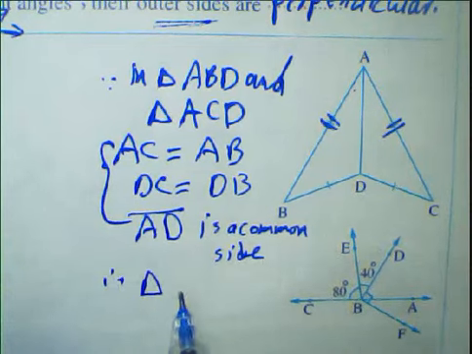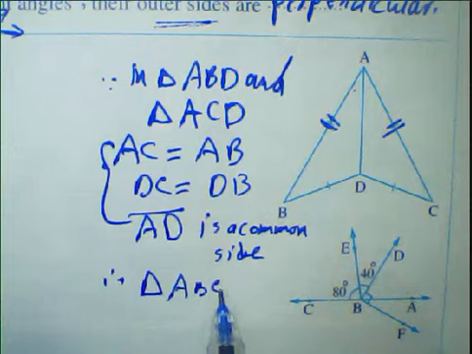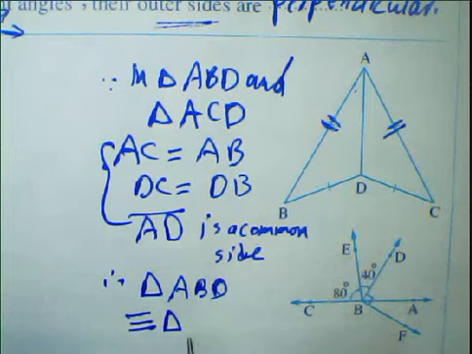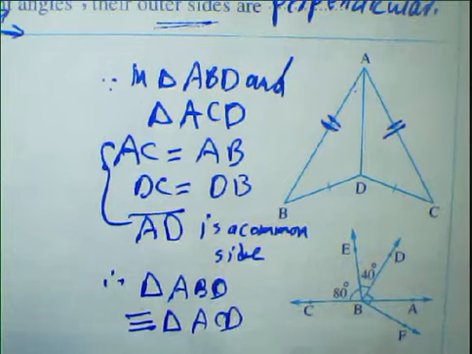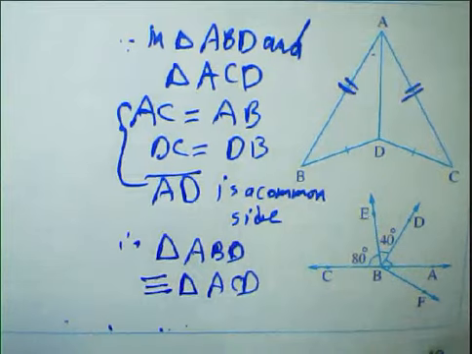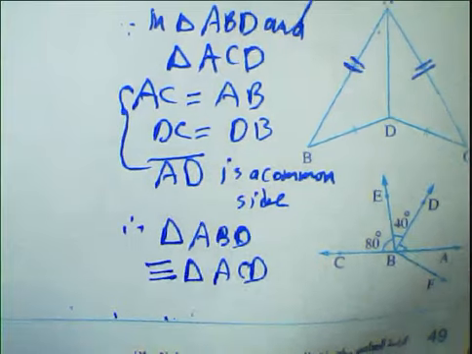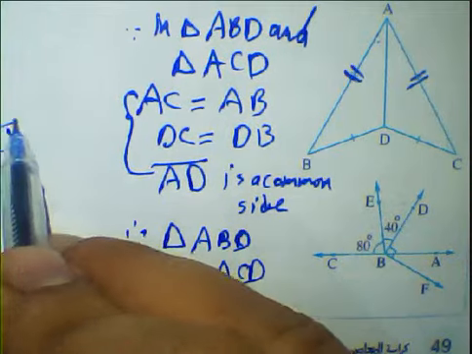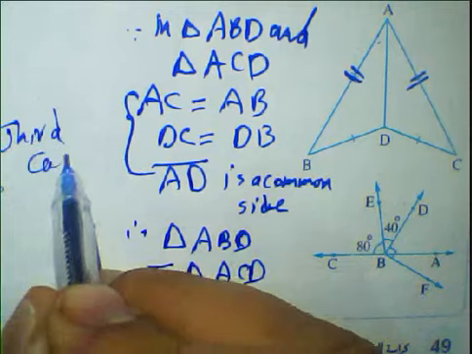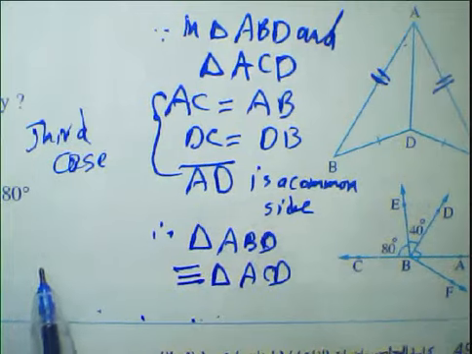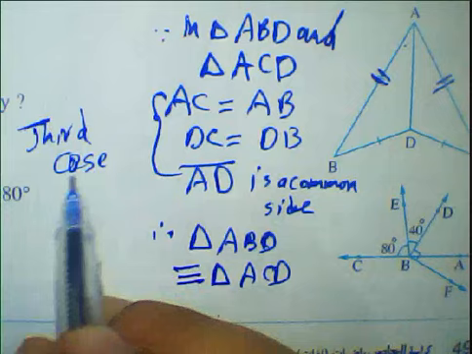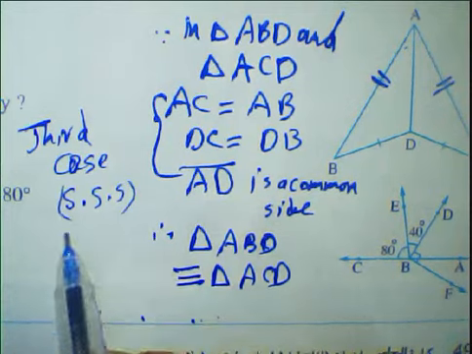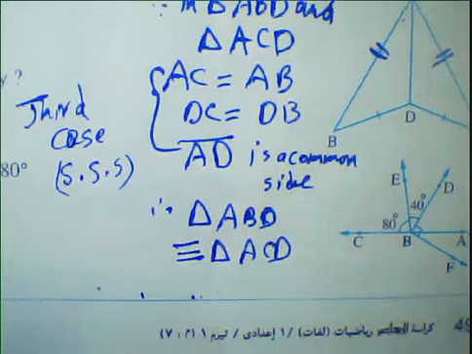Then triangle ABD will be congruent to triangle ACD. We have two congruent triangles. It's the third condition, the third case. The third case talks about side, side, side.